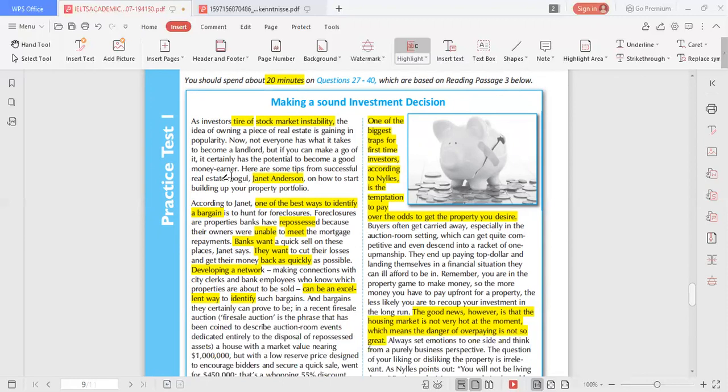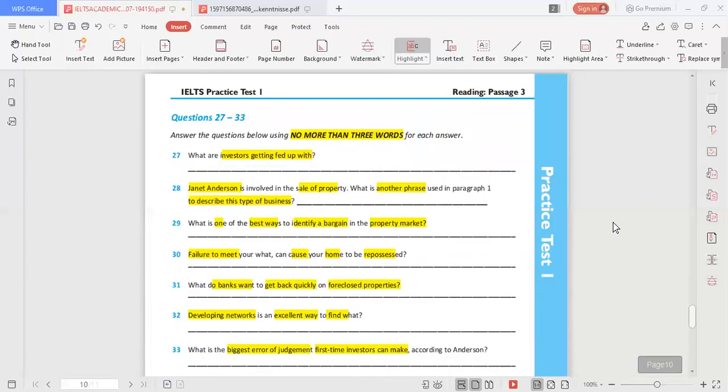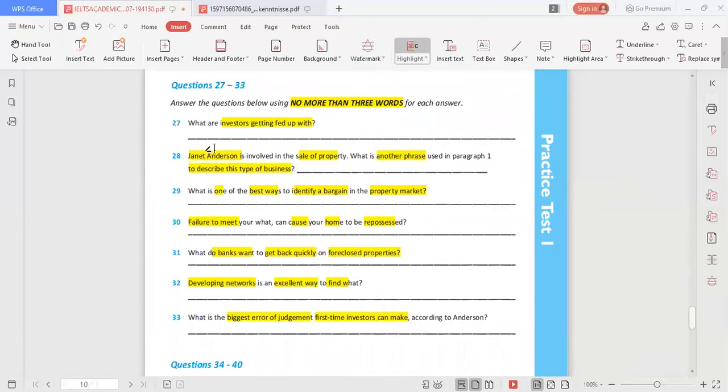If you know what this word mogul means, it means like a kingpin of a particular business. And of what business is she a kingpin? She's a kingpin in the real estate sector. And real estate is actually then the other word for sale of properties. All right, so that is for 28.